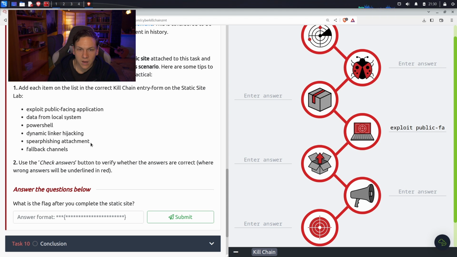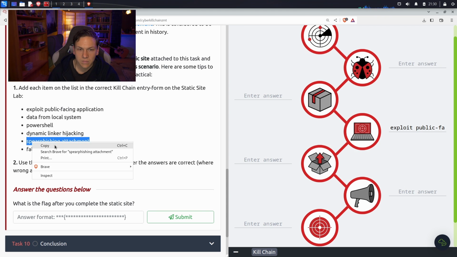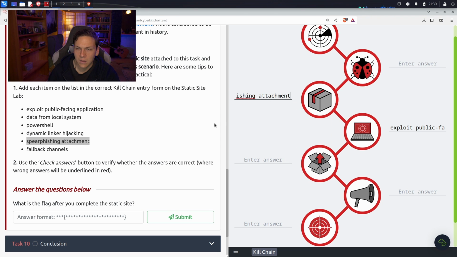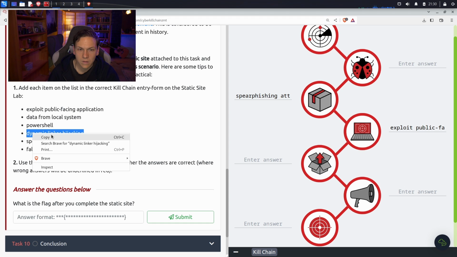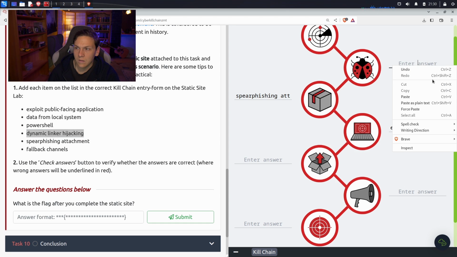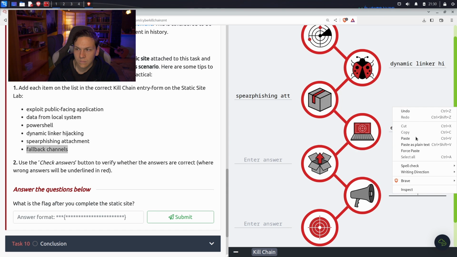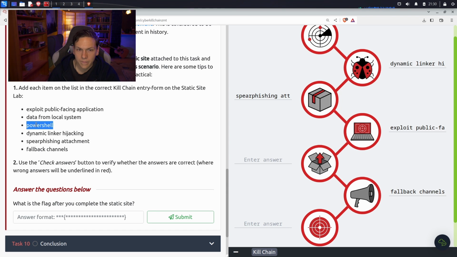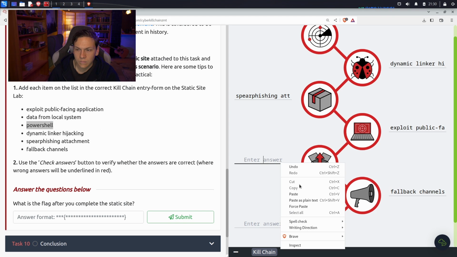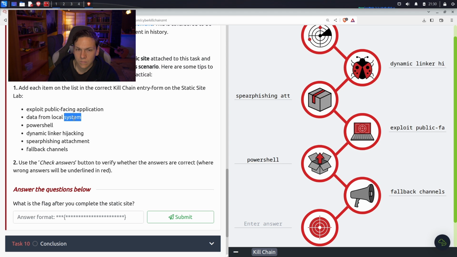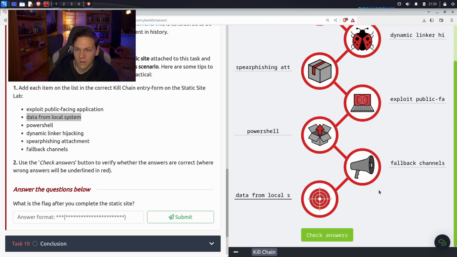So we want to do a spear phishing attachment. Is that there? Try that.